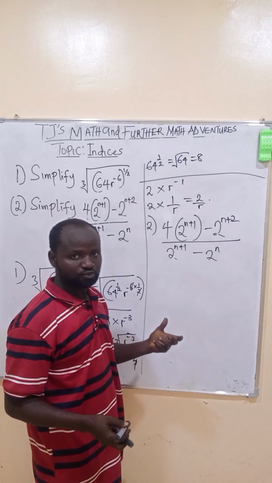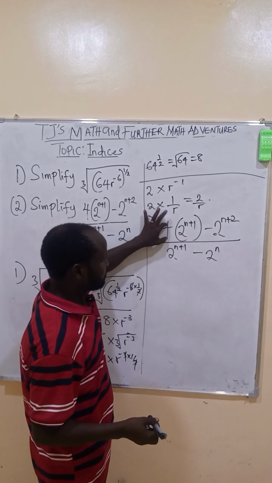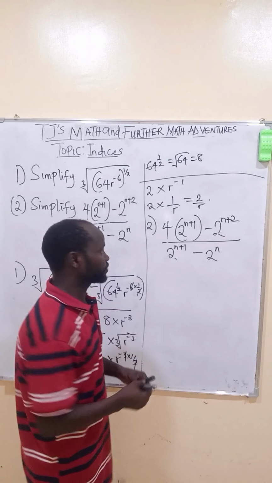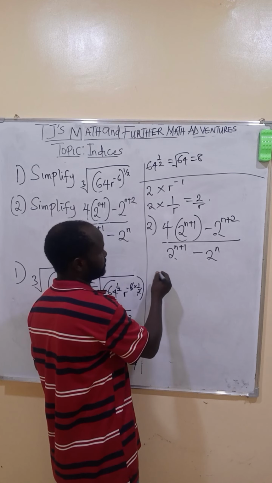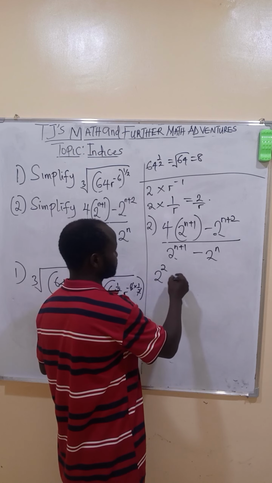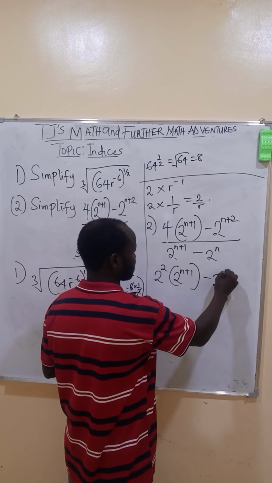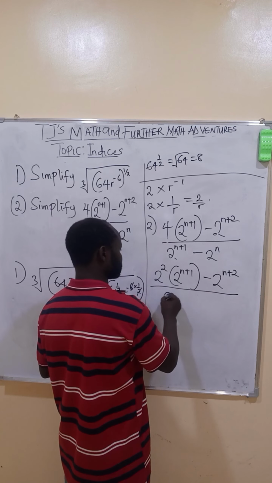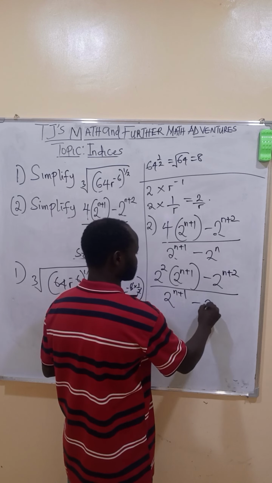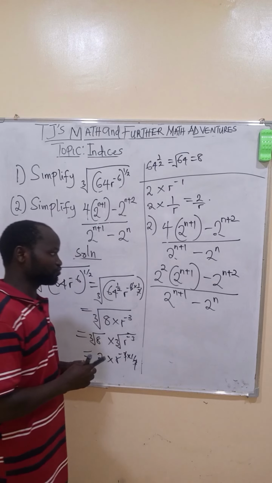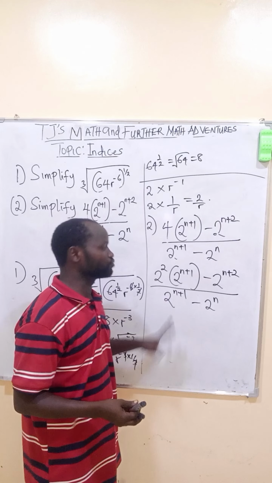So the first thing for us to do, we check this 4 to have a base of 2. We can write that 4 as 2 power 2 into 2 power n plus 1 minus 2 power n plus 2, divided by 2 power n plus 1 minus 2 power n. So that's the first thing to do. All are in base 2 now.